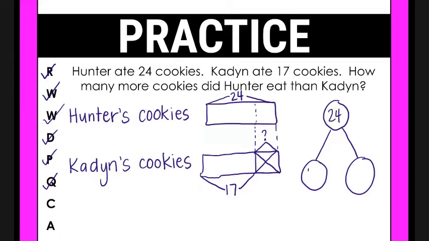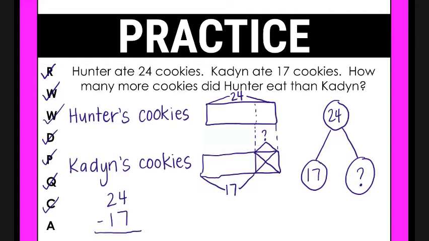And then my parts would be 17 and a question mark. And I know that if I'm missing a part, I need to do subtraction to find my missing part. So my problem is going to be 24 minus 17. That's my computation.